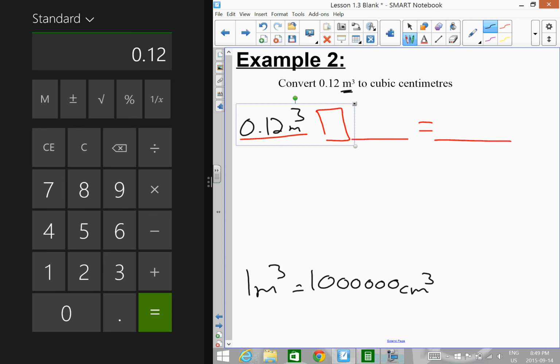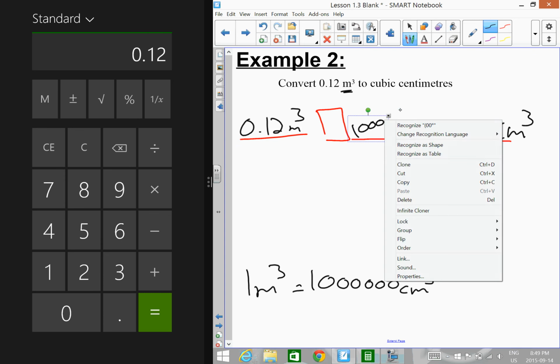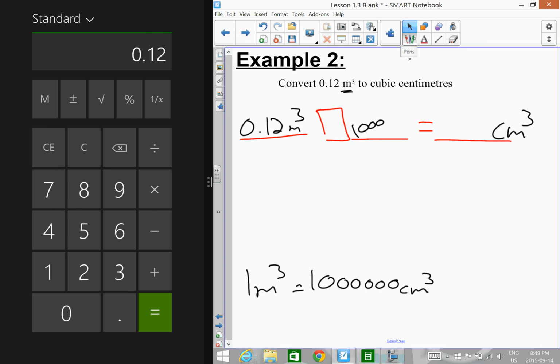So we're trying to change into centimeters cubed, and we're starting with meters cubed. There's our formula. It goes in the second blank. Hopefully you wrote your second blank bigger than I did. Now I'm changing into a smaller unit. Meter cube big, centimeter cube little.